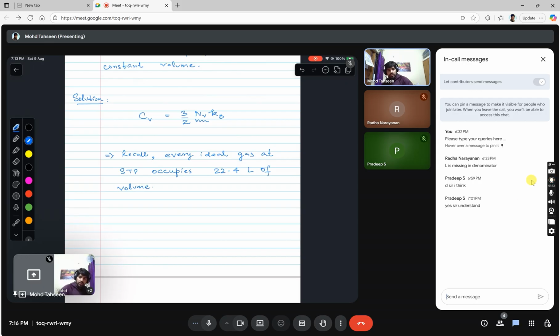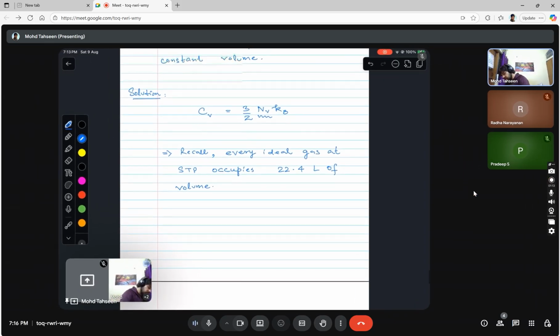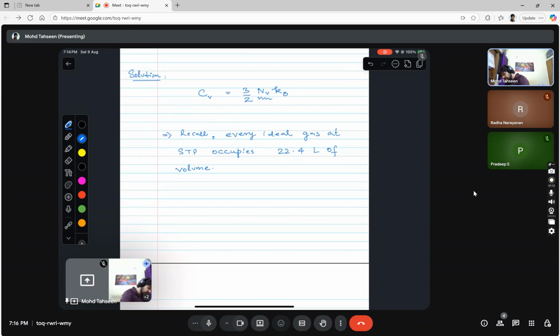Then it means that every mole of an ideal gas, 1 mole at STP, occupies this much volume, which means that 1 mole, that means how many atoms?